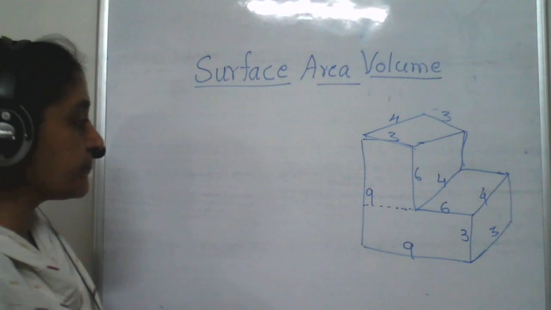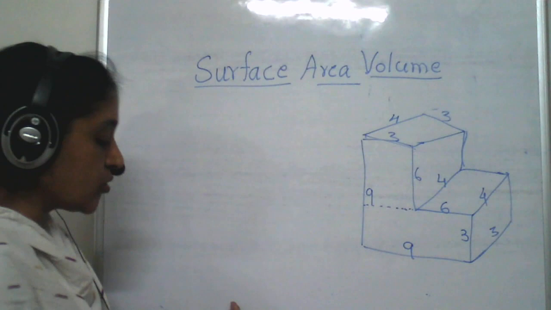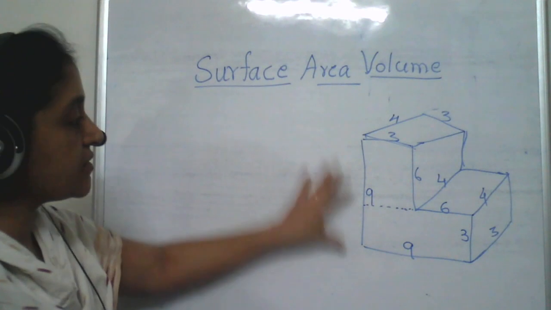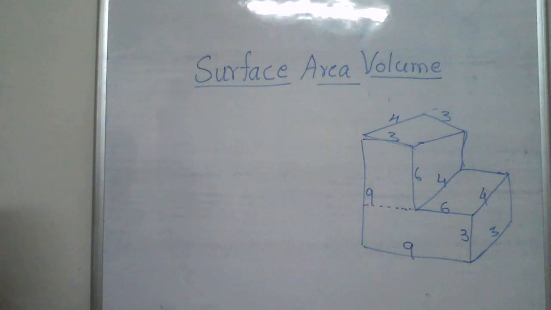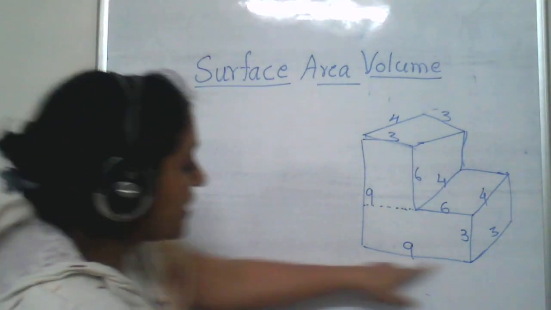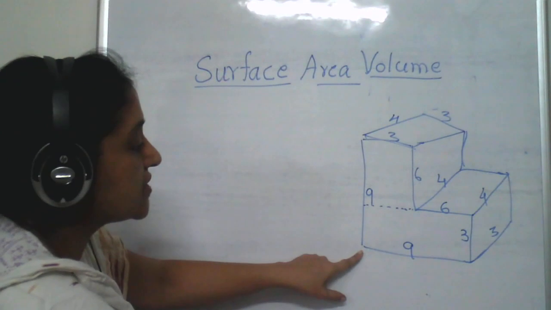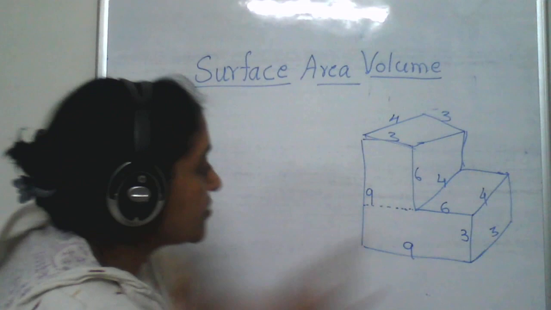Now both are in the rectangle shape, so the volume of the cuboid can be applied. You can take up the formula of volume of cuboid and do it. Here we have 9 centimeter as the length, 3 centimeter as the breadth, and 3 centimeter as the height.